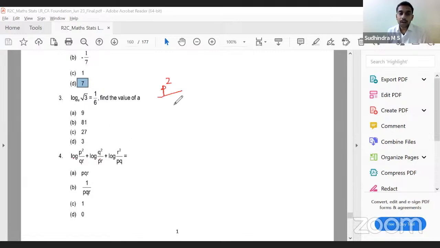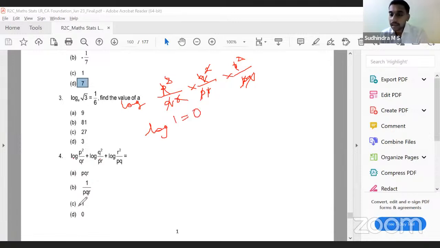So it is log of p square by qr into q square by pr into r square by pq. Log of mn is equal to log m plus log n. So one of the p gets cancelled, the other p gets cancelled, the q's get cancelled, the r's get cancelled. Everything gets cancelled. Log of 1 is equal to 0.